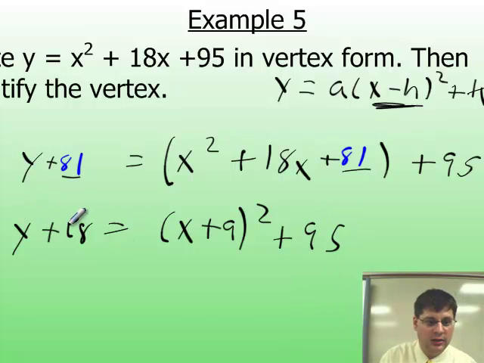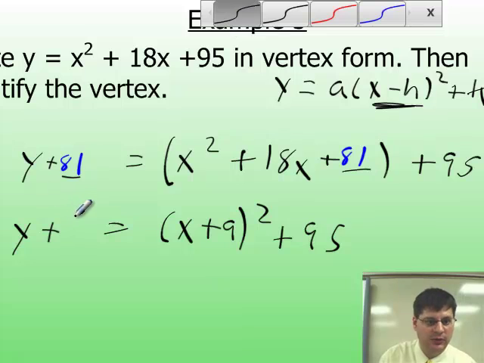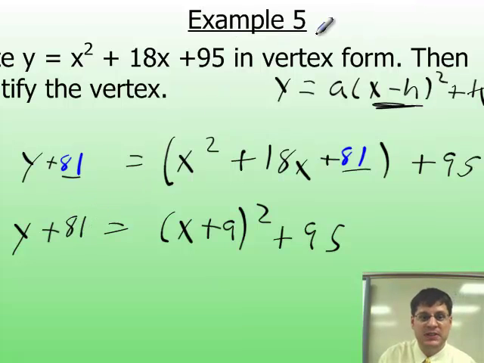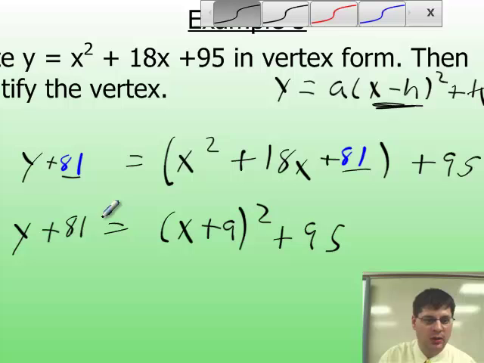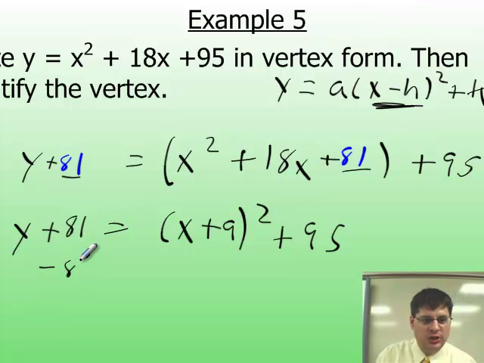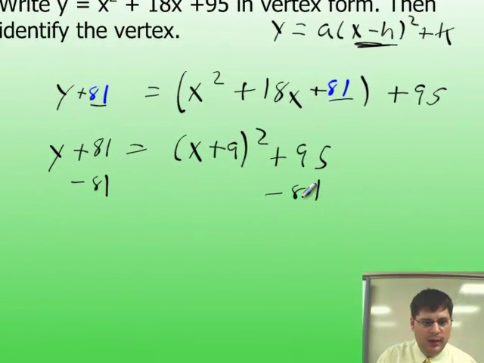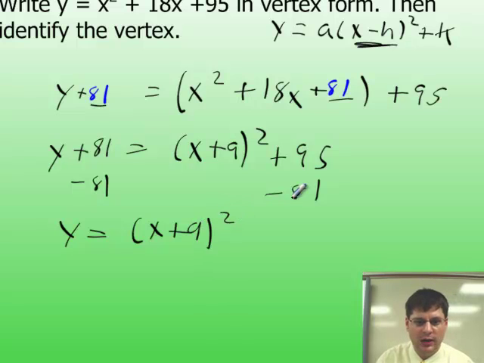And now I wrote 18 over here. Let's make that 81. That was a moment of dyslexia. I'm going to subtract 81 from both sides. And I have x plus 9 squared, and then I'm just going to subtract those, leaving me with plus 14.